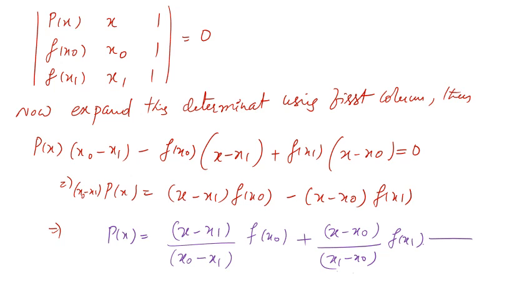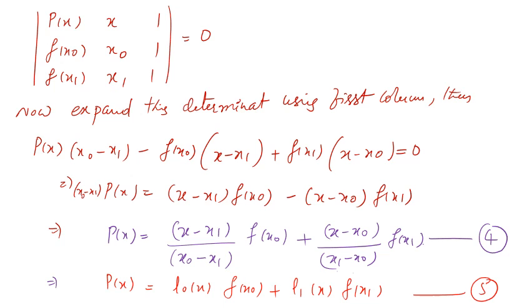Remember this, this is equation 4, which can be written as P of x equals L0 of x into f of x0 plus L1 of x into f of x1. This is equation number 5. Both are the same.